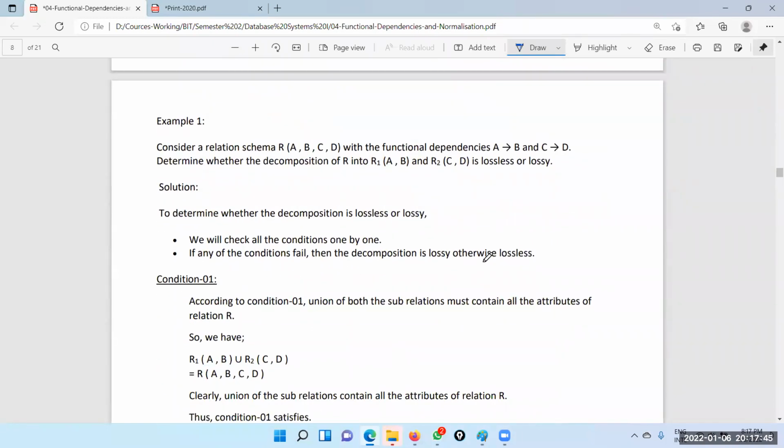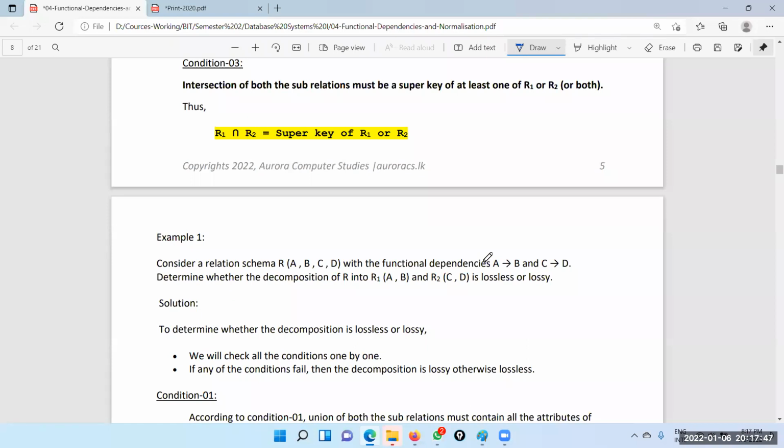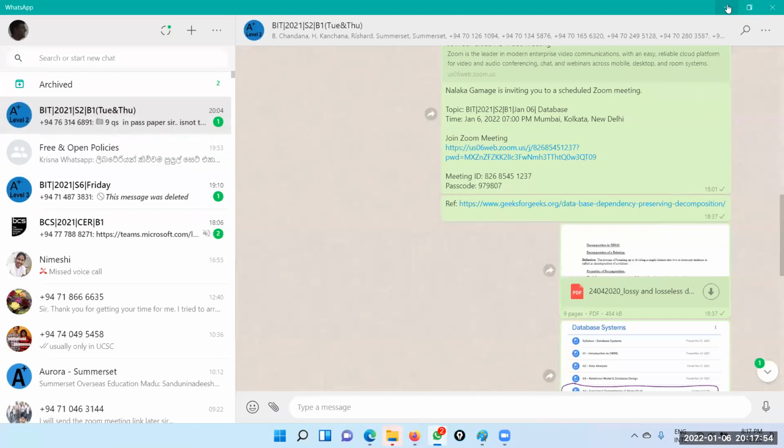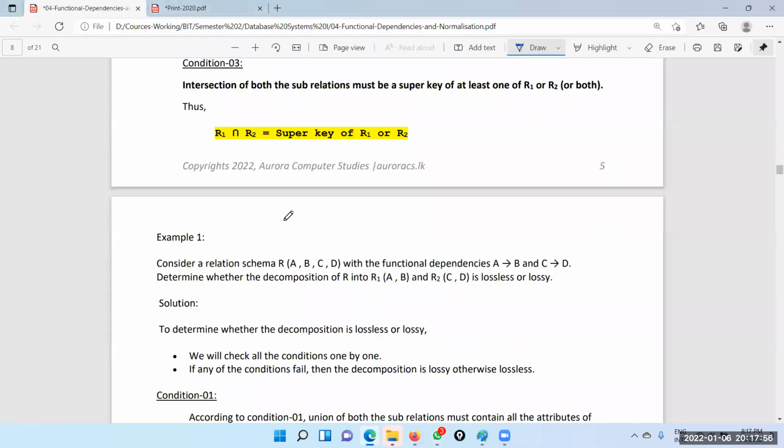Let's do an example. These are the examples taken from the note I published to you, the exact same three examples.